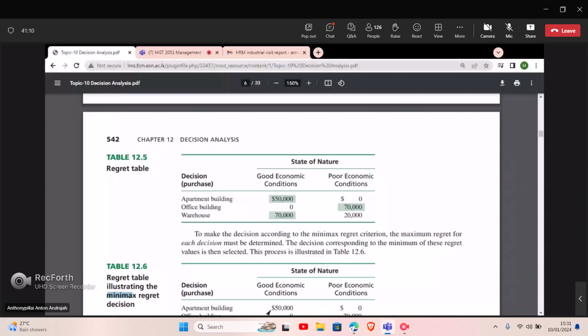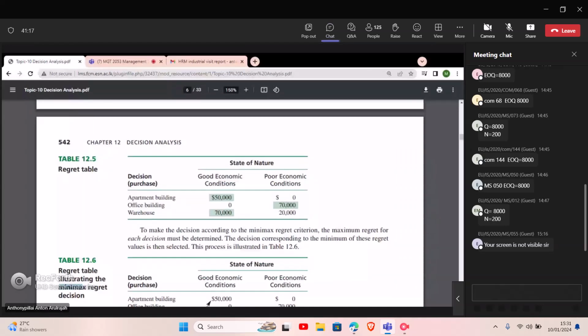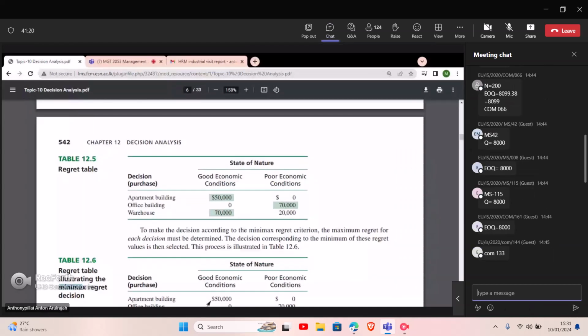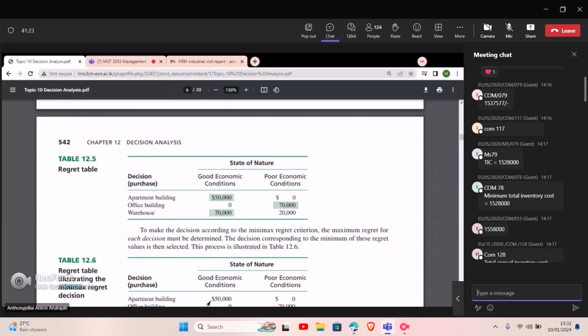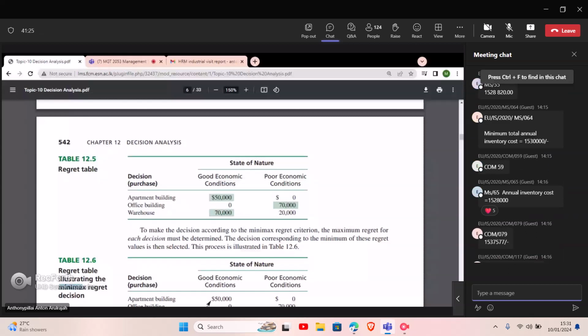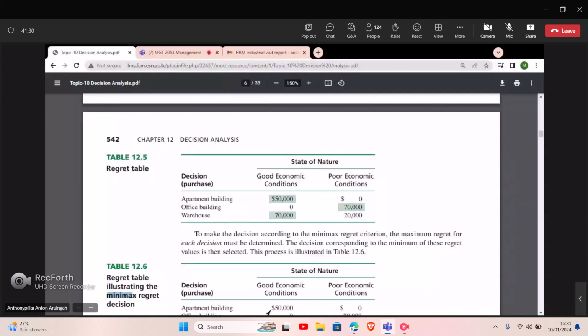For this criteria, what we do is, right? They say it is not a probability, but they use a term called coefficient of optimism. Coefficient of optimism. So according to alpha values, it is the circumstance.